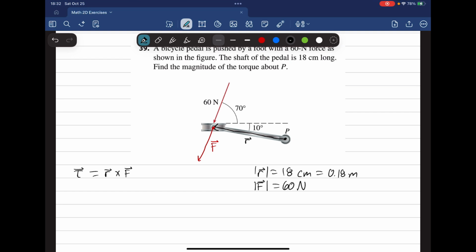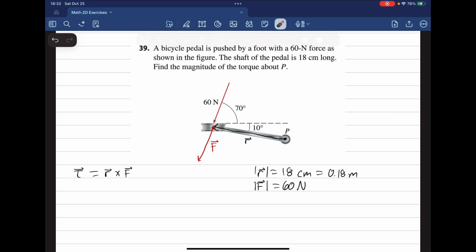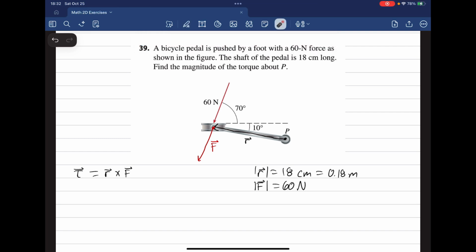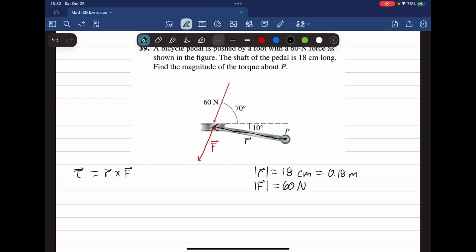Because we know these magnitudes, and we're given a bunch of angles in our diagram, it strongly suggests that the way to calculate the magnitude of this torque vector is not to compute a cross product. That would be really painful, setting up the coordinate system and finding components.